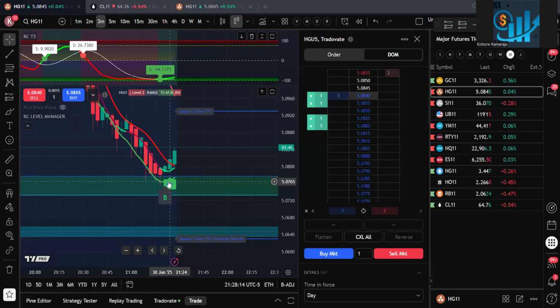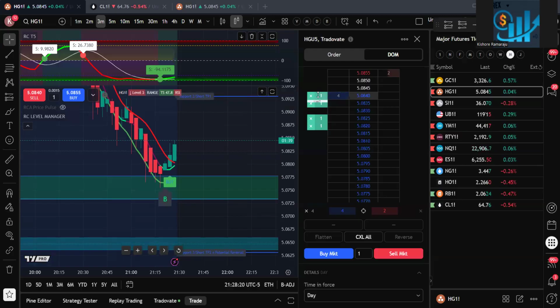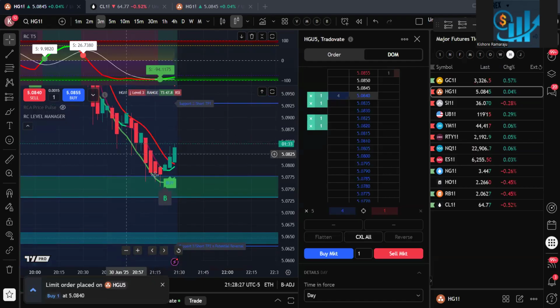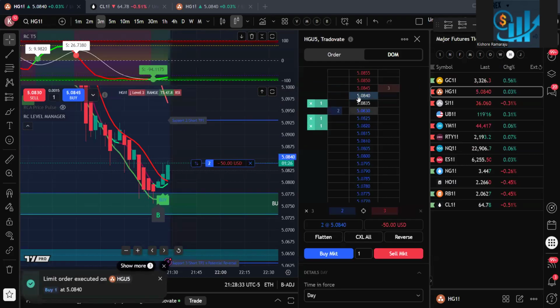So we got a scalping buy, candles are turning bullish. I kept limit orders on copper at 5.0840, 5.0835.